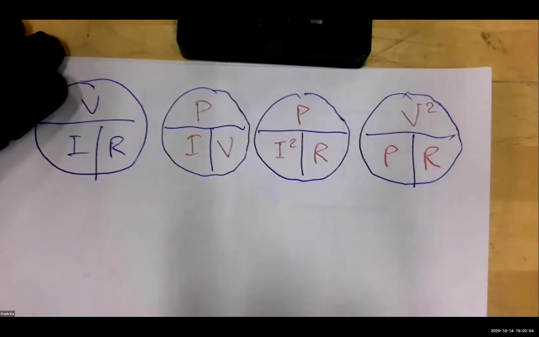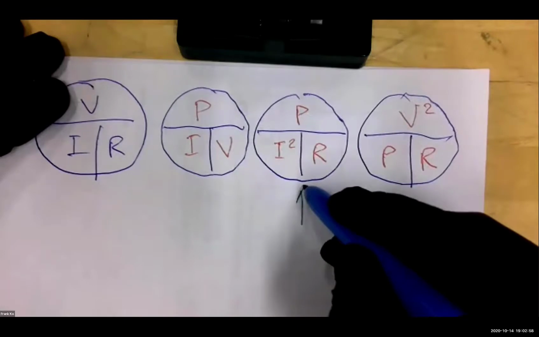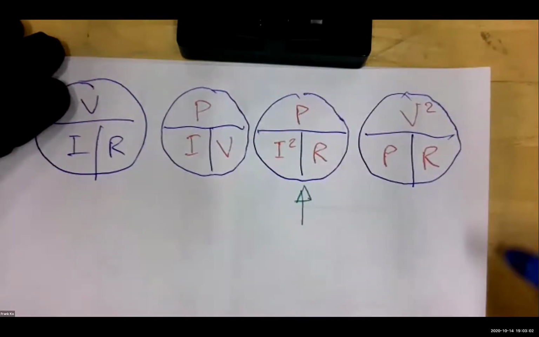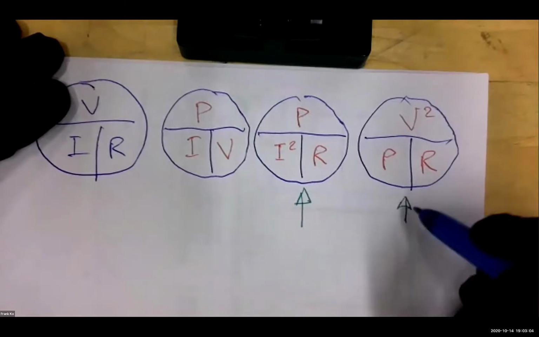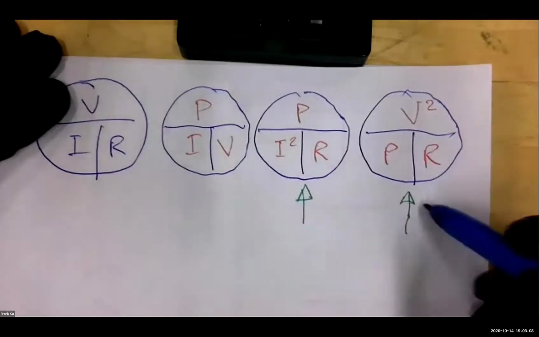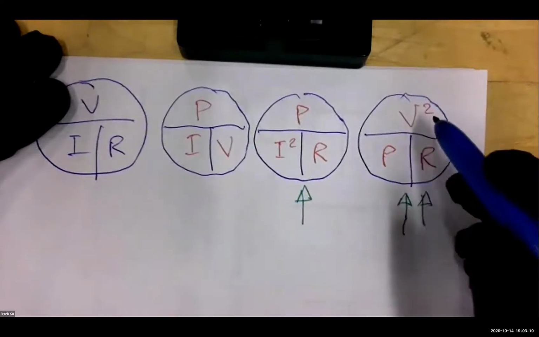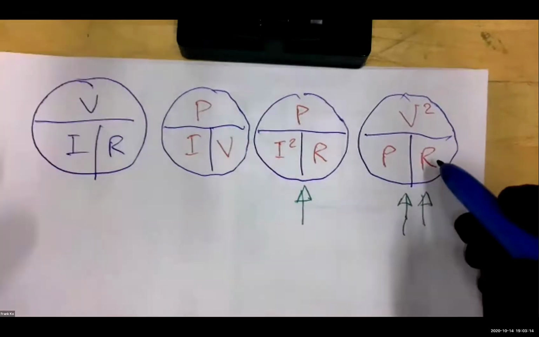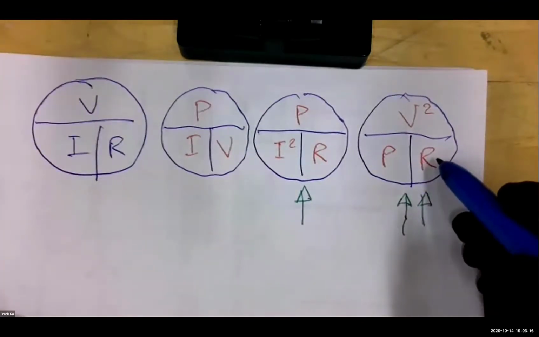So you can determine the value of R in only two places. This is one where power and resistance are part of the circle. Here's another one where you have power and resistance as part of the circle. You will be using this particular one because you'll have the voltage, you'll be specified the power, and you're going to have to determine the resistance, okay?